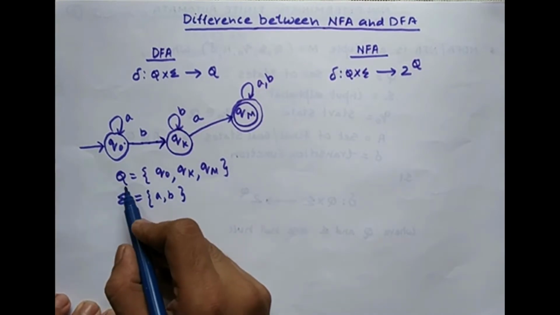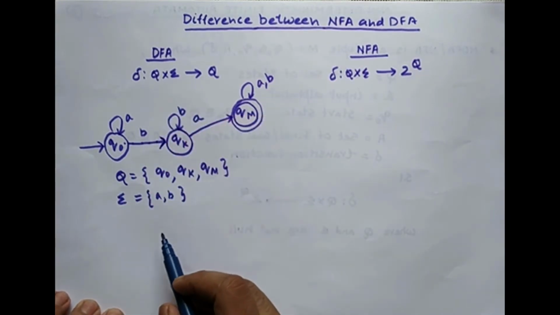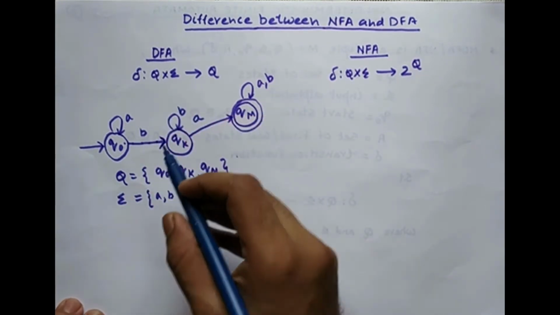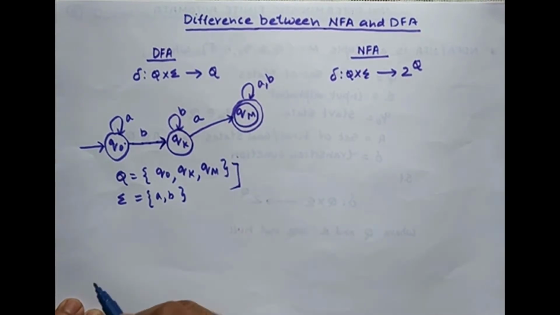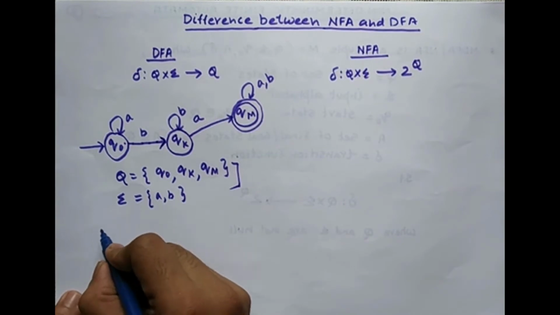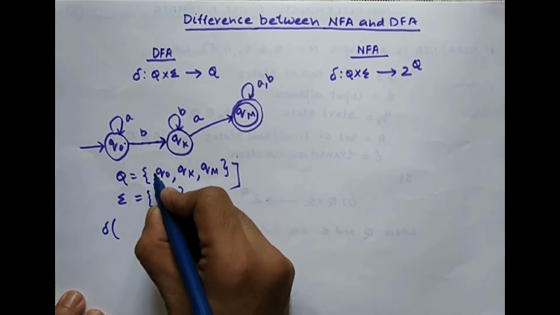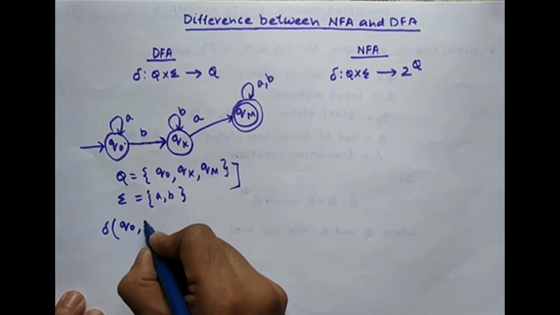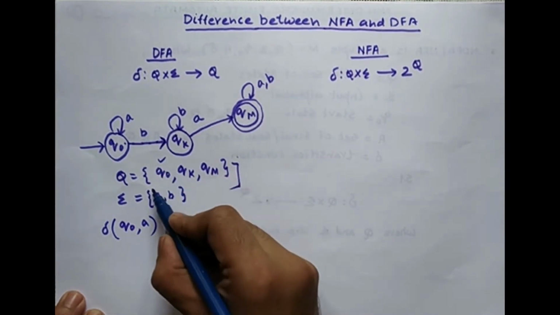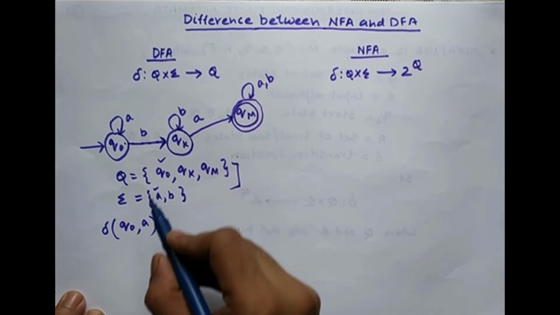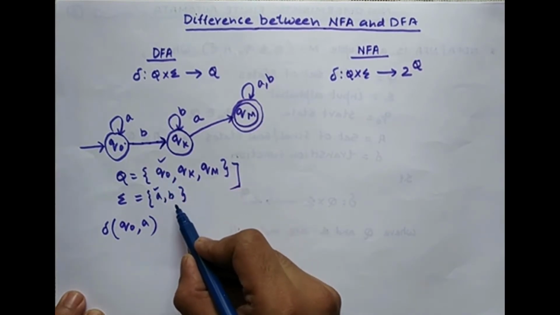Now when you find out the cross product, how do you find the cross product of Q and sigma? The first transition here would be q0 comma a. First element from this set with first element from this set, then first element of this set with second element of this set.